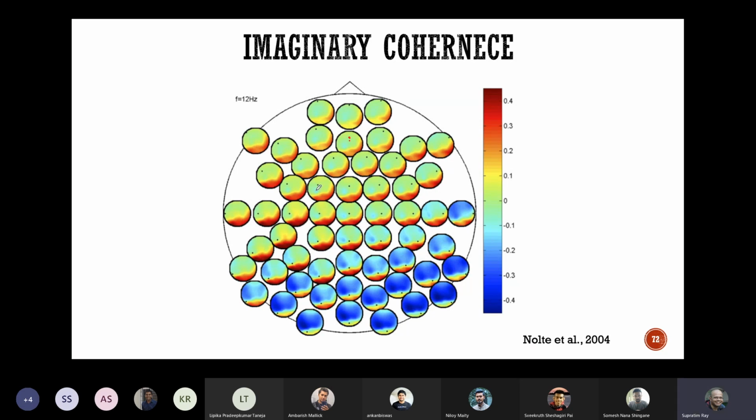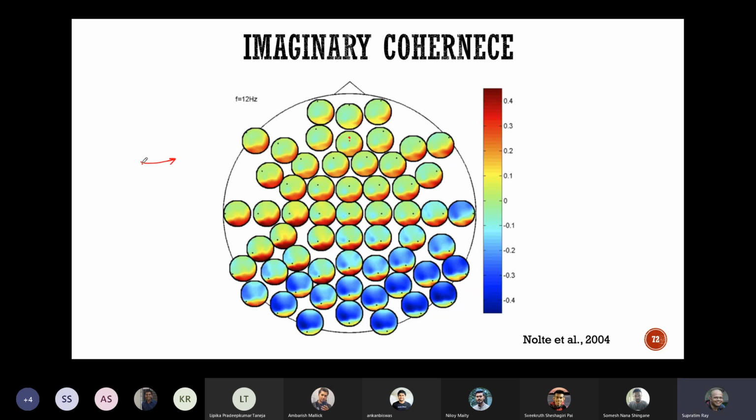Now you see that there's another problem here, that the nearby electrodes are always close to zero. And that is where, even if there's real signal interaction going on, it will get set to zero because the phase difference would be close to zero.